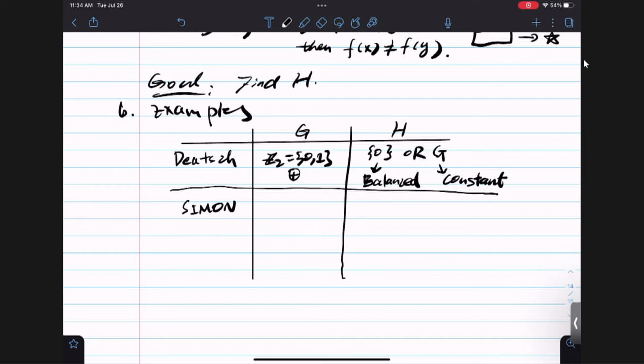Simon's problem. The group is just the hypercube Z2 to the n under XOR. Okay, so can somebody identify what would be the subgroup in this case, the hidden subgroup?